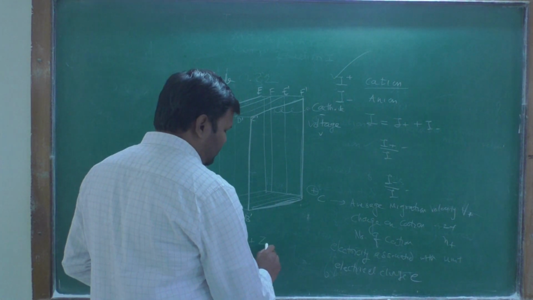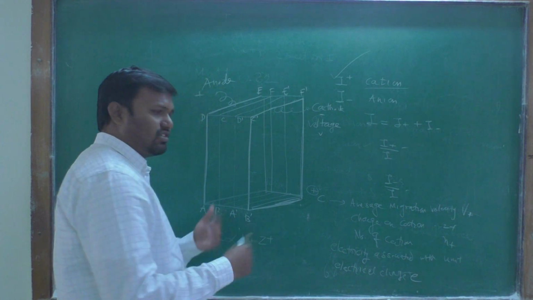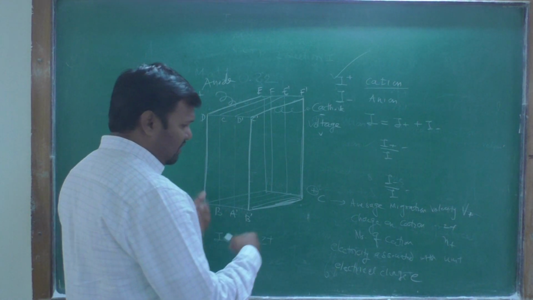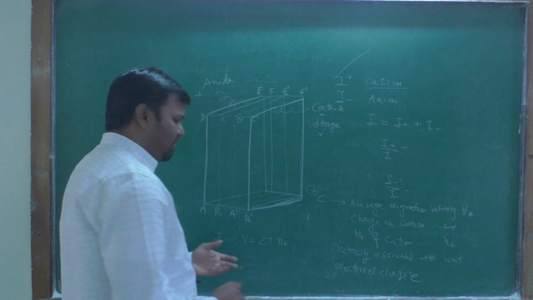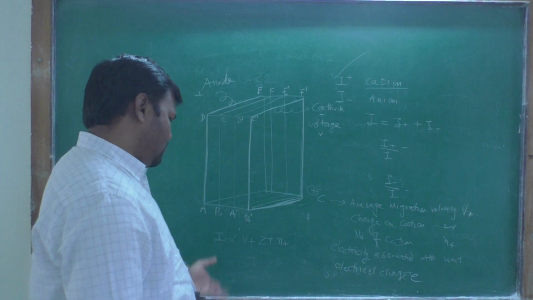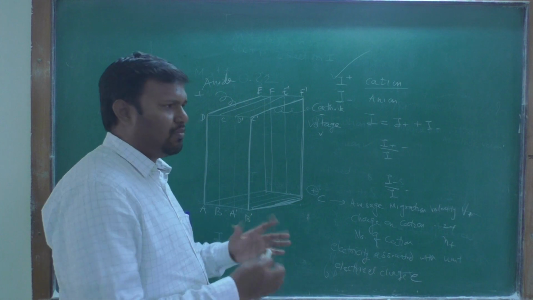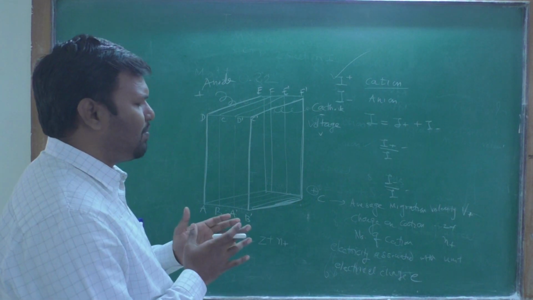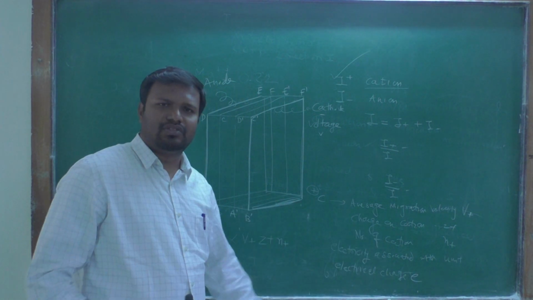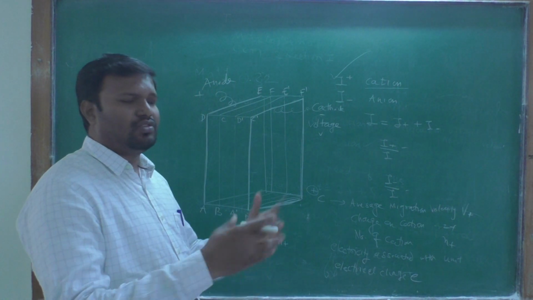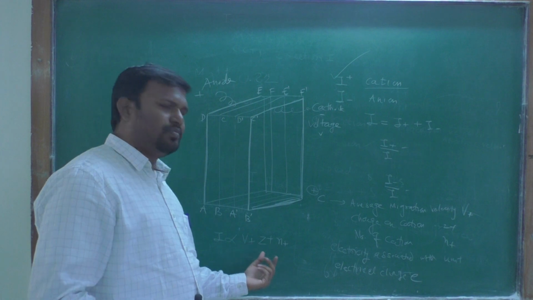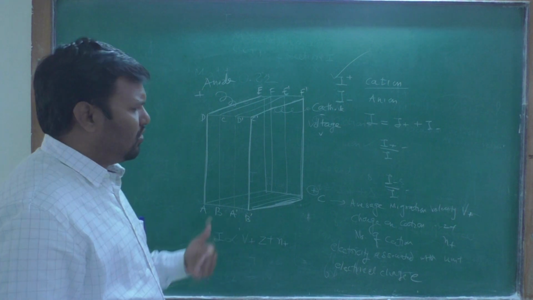Then it also depends upon the charge. If charge increases, current increases. It then depends upon the number of cations. As cations increase, your electric current increases, because more ions give more current. More velocity gives more current, and more charge gives more current.